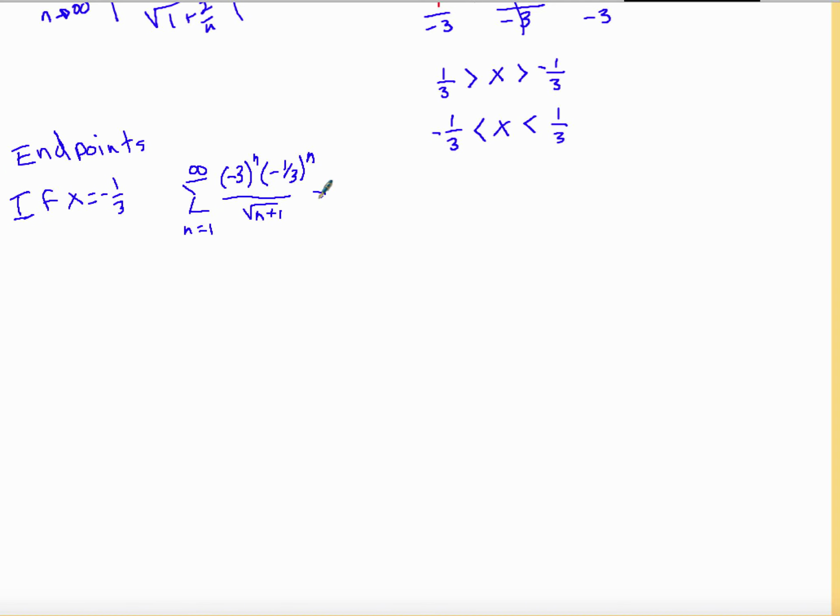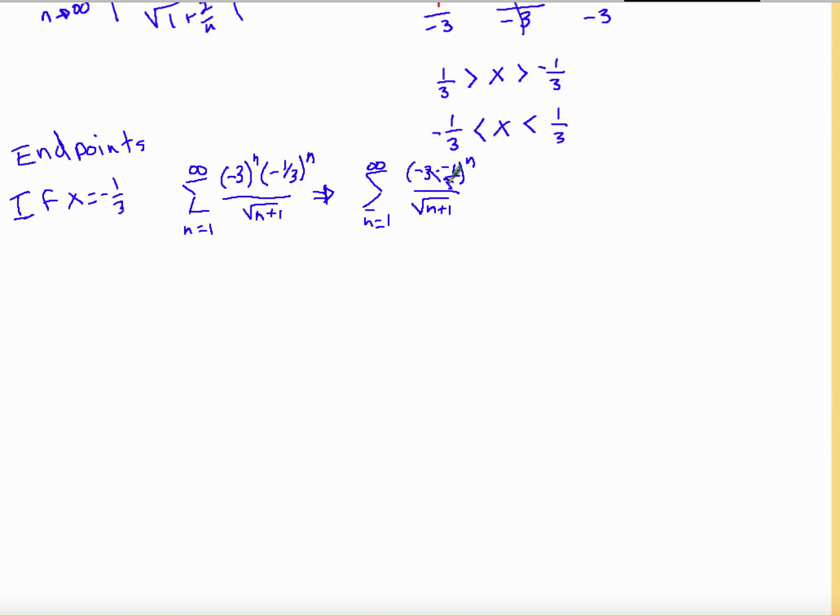We simplify this. These both have the same exponent, so they can be combined together. So I will have negative 3 times negative 1/3 divided by the square root of n plus 1.